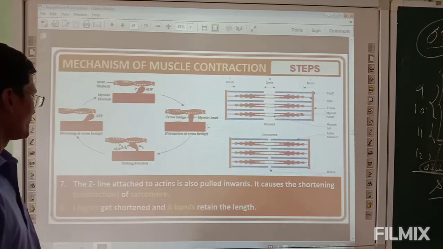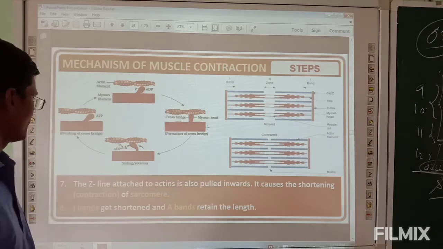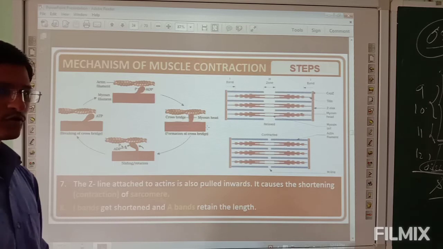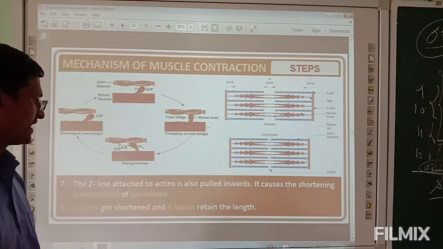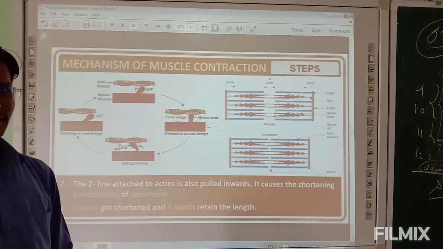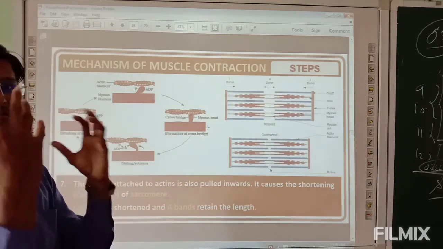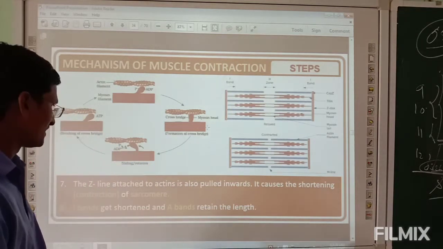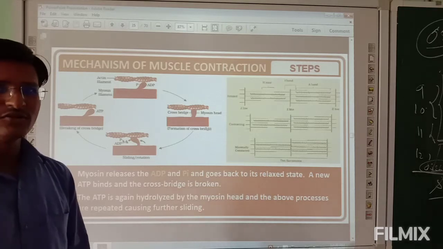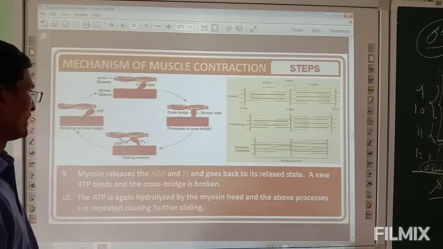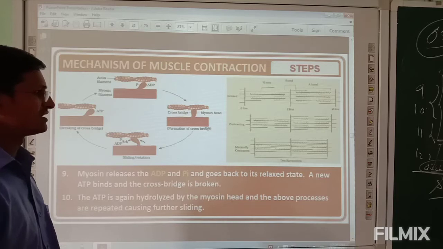Now the Z lines attached to the actins also pull inward. It causes the shortening or contraction of the sarcomere; the I bands get shortened and the A bands retain their length. That is why you can see the muscles get contracted, and after that they will also relax. Myosin releases the ADP, adenosine diphosphate, and Pi, inorganic phosphate, and goes back to its relaxed state.